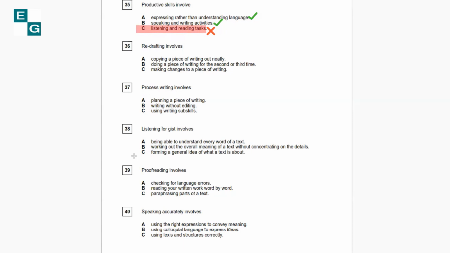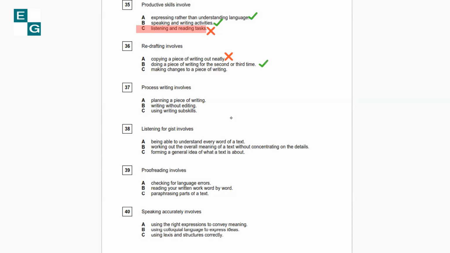Number 36. Redrafting involves copying a piece of writing out neatly. That means very, very carefully. That is what is not involved. Because redrafting involves doing a piece of writing for the second or third time.